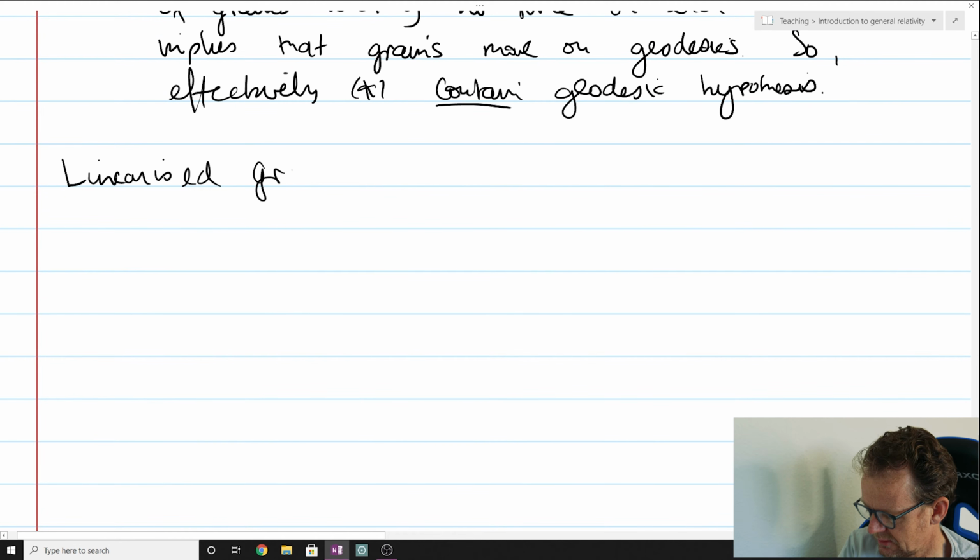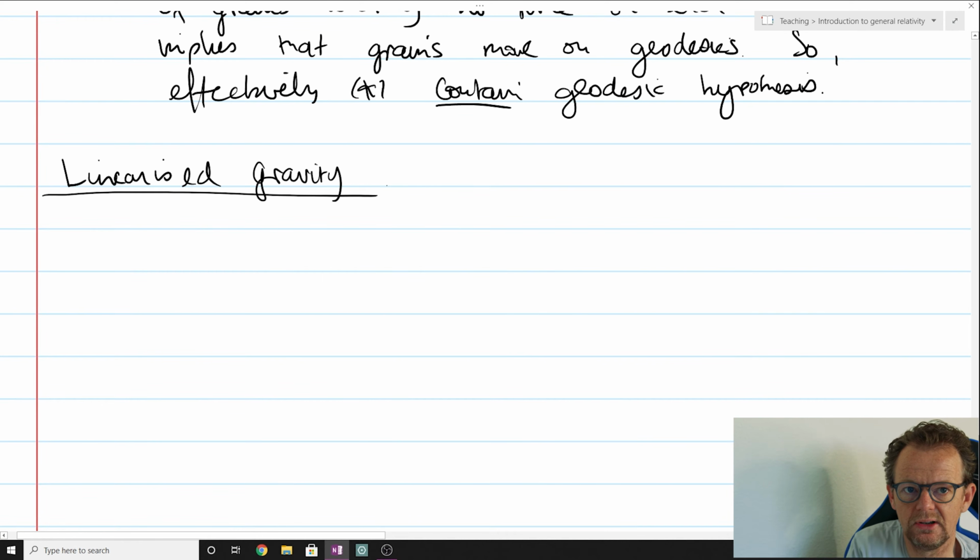The first limit that we're going to investigate is the limit where gravity is weak, and I'll explain what I mean by that. There are other limits where we'll be able to get a solution, in the cases of high degrees of symmetry in the system. We're going to solve Einstein's field equations in the situation where the universe is completely rotationally symmetric.